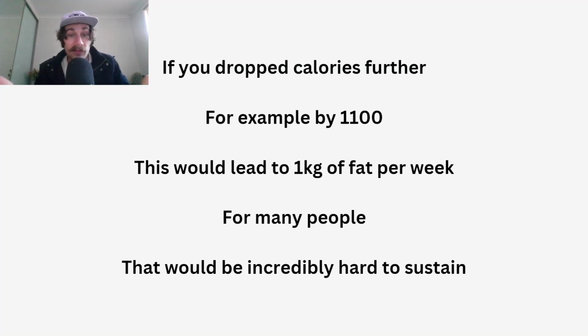Now, if you dropped calories further, for example, by 1,100, this would lead to 1 kilo of fat per week. If you could sustain this, you would lose 1 kilo a week. But for many people, that would be really hard and incredibly hard to sustain because that's a big drop in calories.